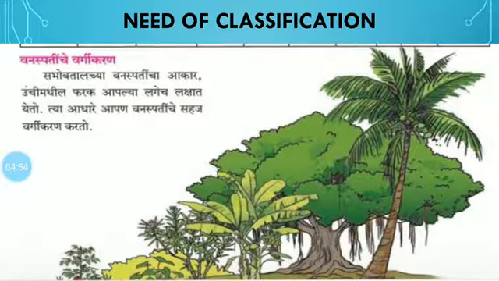Height: short, medium, very tall, etc. This is of medium height. Branches, nature, number, etc. The branches of rose start from the level of the soil. Leaves are green in color.